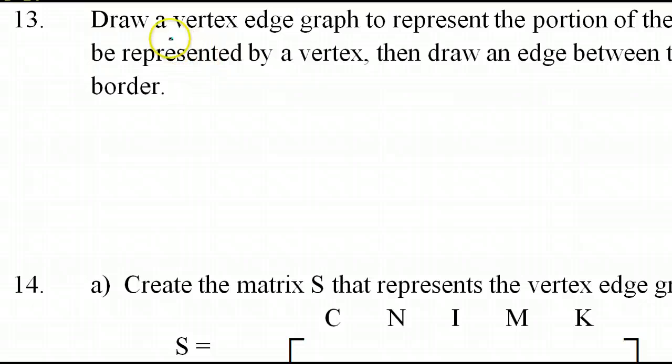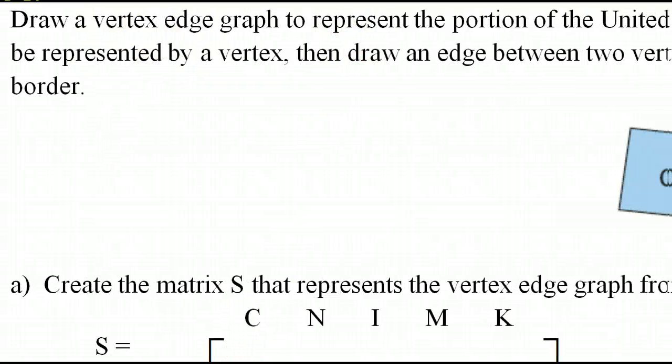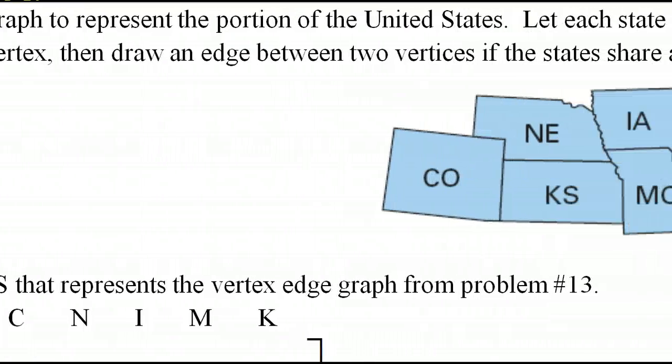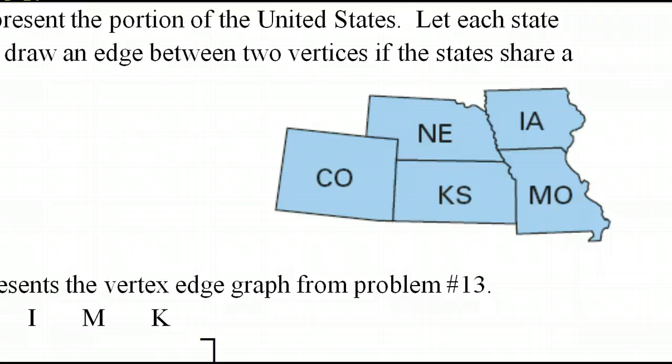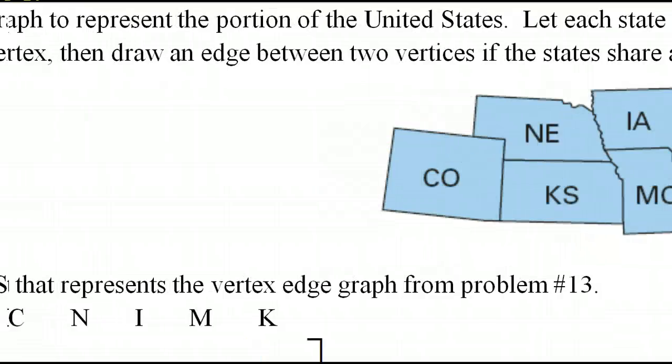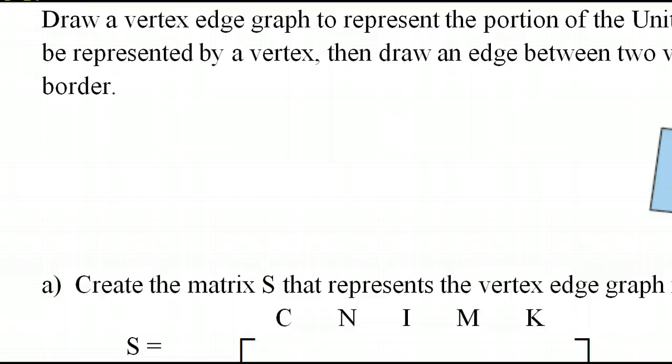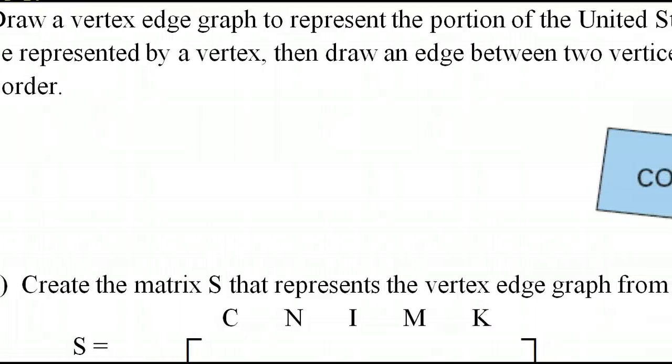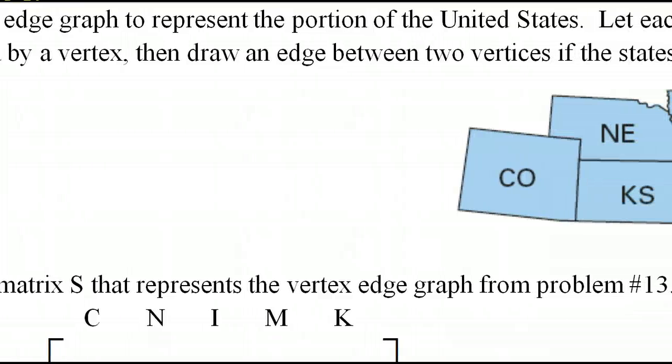Alright, so we're supposed to draw a vertex edge graph to represent the portion of the United States shown here. The vertices are going to represent states, and the edges are going to represent a shared border between the states.